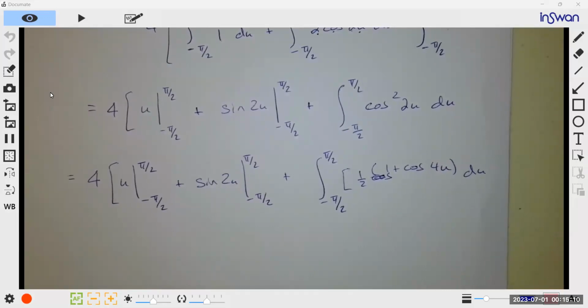Yeah, cosine squared 2u is 1/2 open parenthesis 1 plus cosine 4u, du.